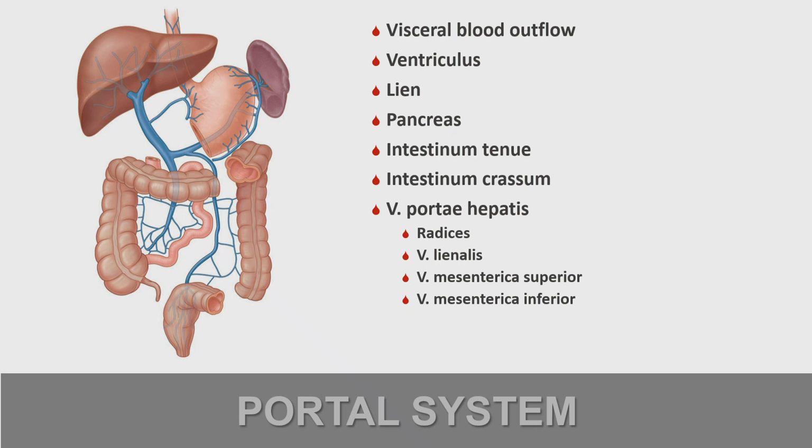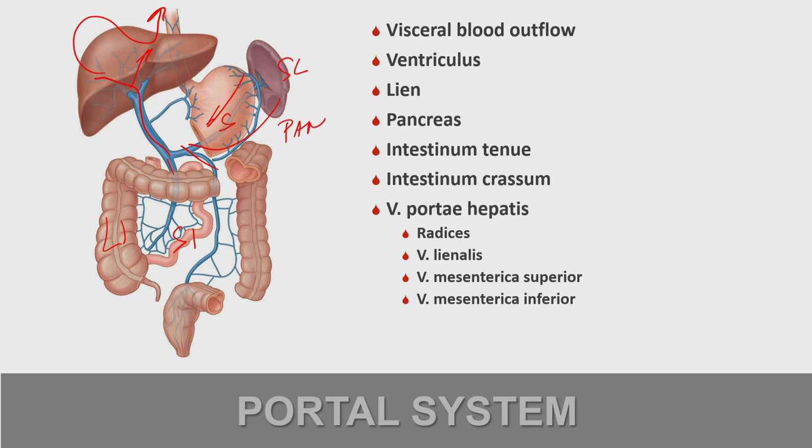Those three organs, how are they connected? They are connected by the portal system. Hopefully you have heard about the portal system in GIT anatomy. The portal system is a special vascular system containing venous blood, occurring in the gastrointestinal tube, in the stomach, small intestine, large intestine, but also in the spleen and pancreas, and all those ways lead through the portal vein into the liver, and through the liver back to the inferior vena cava.